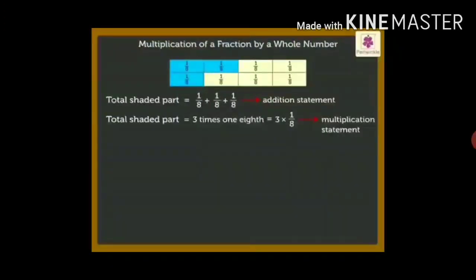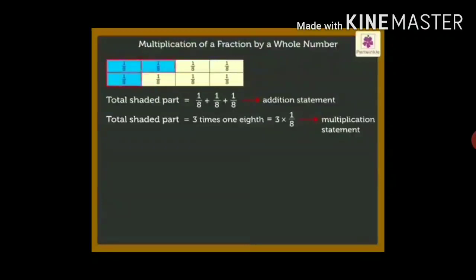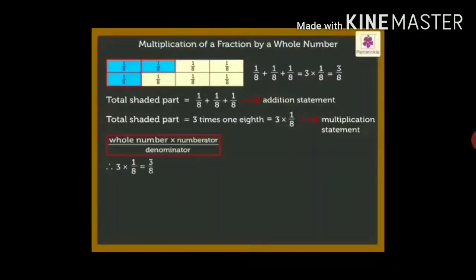Thus, putting all statements together, we write it as 1/8 plus 1/8 plus 1/8 is equal to 3 times 1/8, which is equal to 3 upon 8. Therefore, the whole number into numerator upon denominator will give us the answer. Thus, 3 into 1/8 is equal to 3 upon 8. Thus, 3 upon 8 is the fraction for the shaded part.